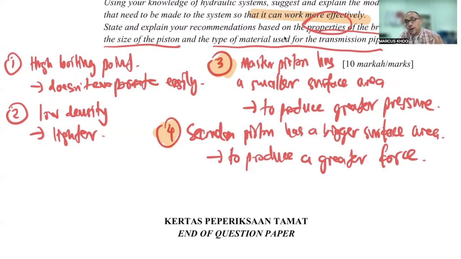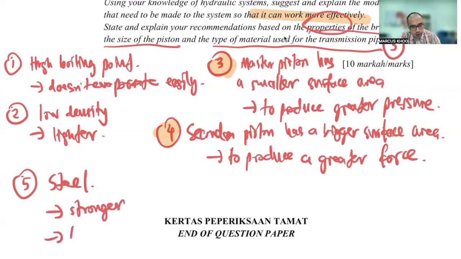Now, finally, the type of material used for the transmission pipe. So the pipe, not the brake fluid. The fifth one is steel. Usually we use steel because it's stronger, it lasts longer, all the standard answers.